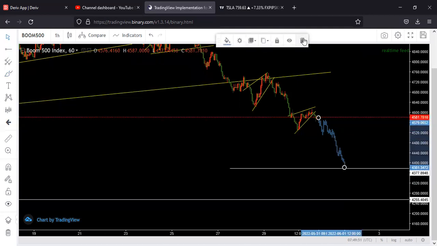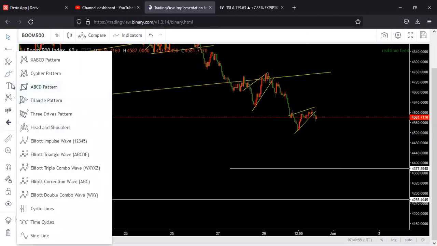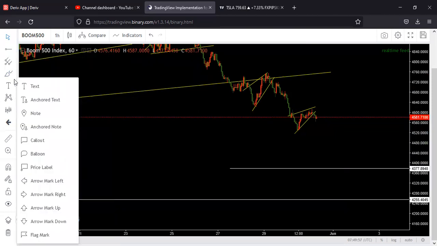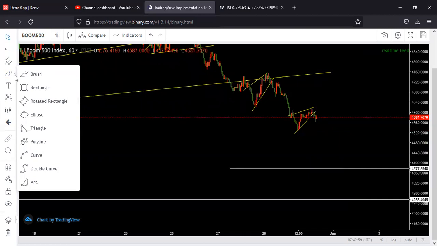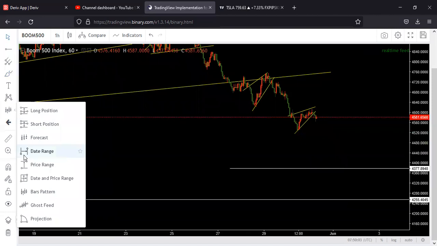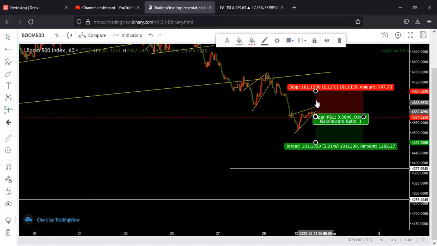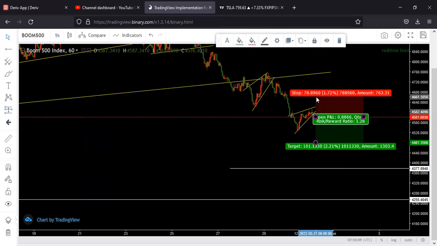So what are you going to do here, guys? It's easy. You are going to take your position. We are going to take this short to here. Your stop loss will be around 1.5%.